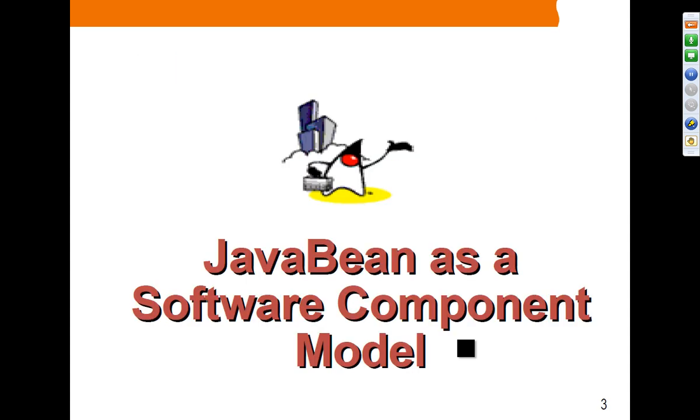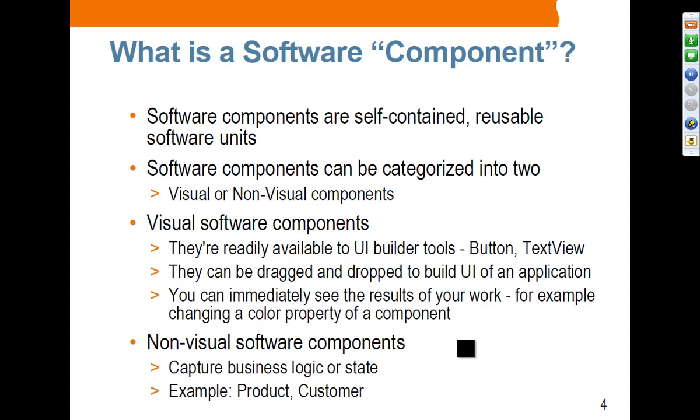Okay, so JavaBean as a software component model. When people say software component, what do you mean by that? You can think of a software component as a self-contained reusable software unit. The easiest way to understand a software component is a Lego block.